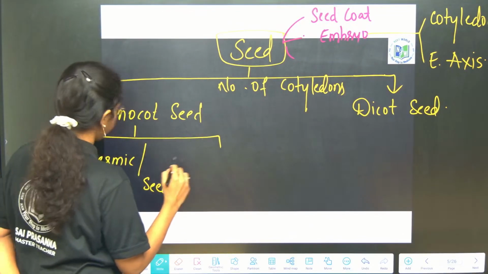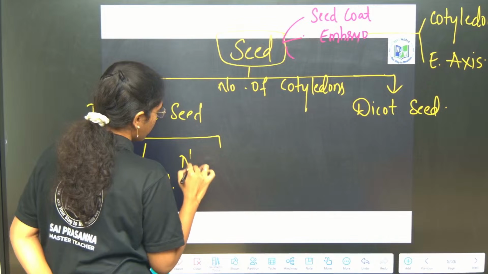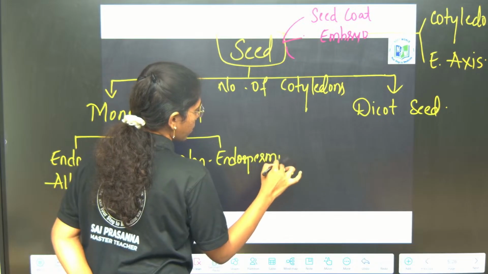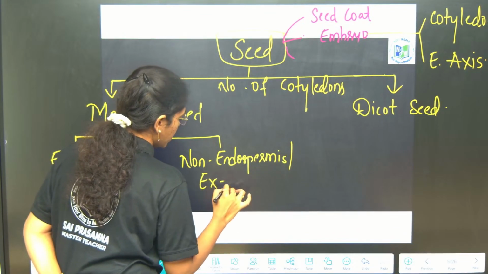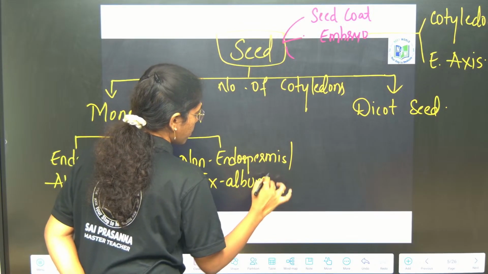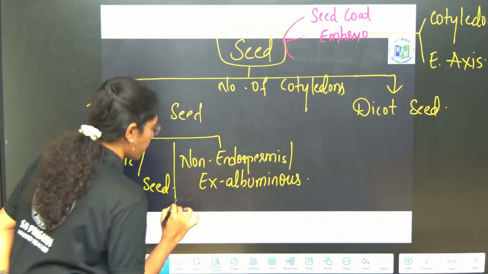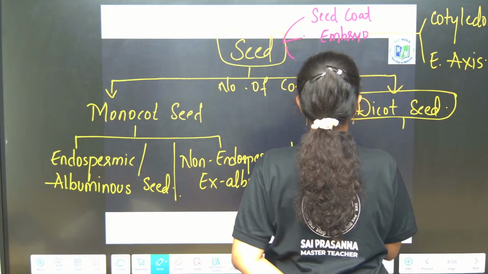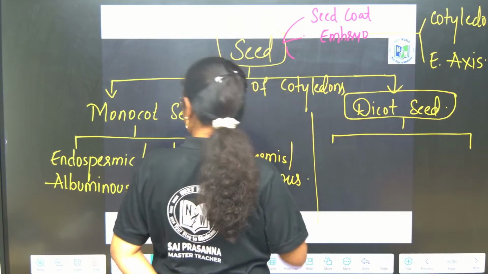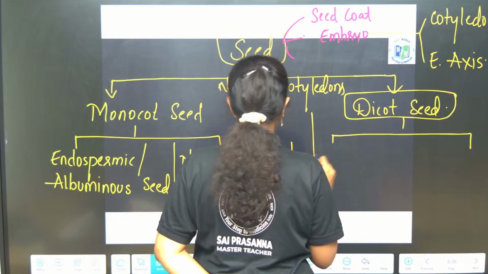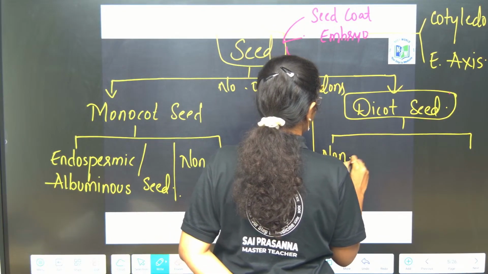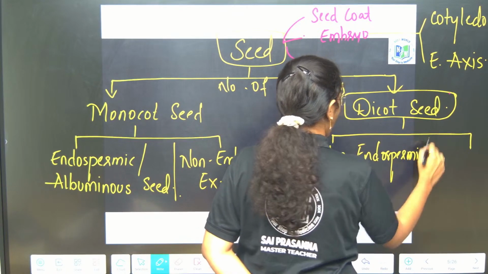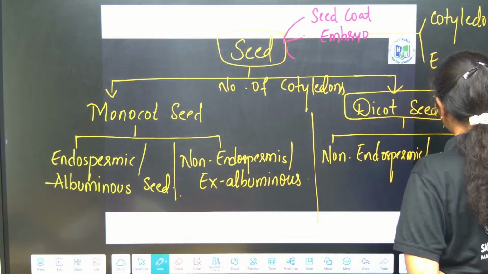Very few are non-endospermic or exalbuminous. In the dicot seed, most of them are non-endospermic or exalbuminous, and very few are albuminous.